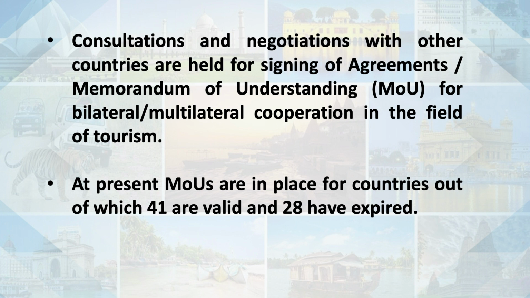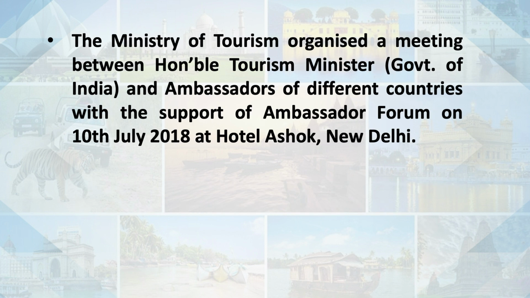At present, MOUs are in place with countries, out of which 41 are valid and 28 have expired till date. The Ministry of Tourism organized a meeting between the Honorable Tourism Minister of the Government of India and the ambassadors of different countries with the support of the Ambassador Forum, and this was held at Hotel Ashok, New Delhi.